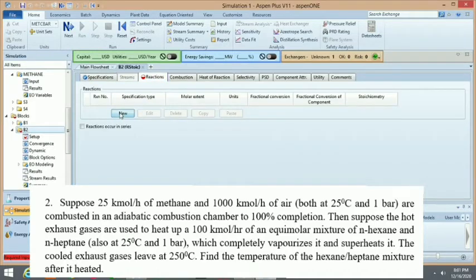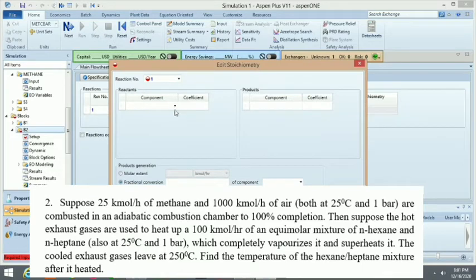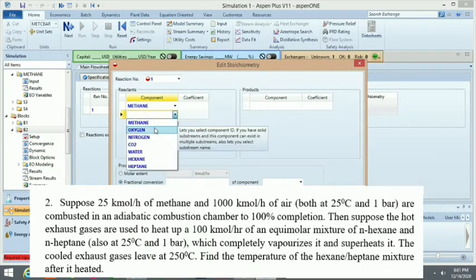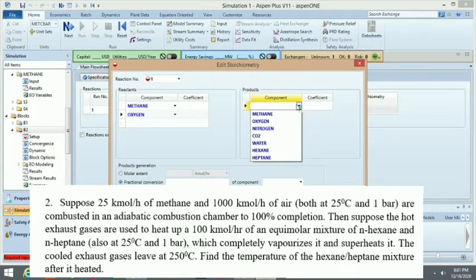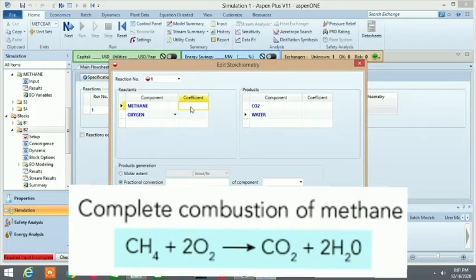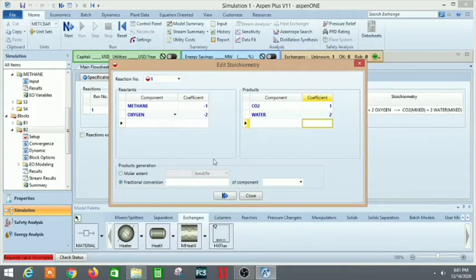Hence for the reaction, we need to create a new reaction where methane and oxygen undergo combustion and give CO2 and water. Let's see the stoichiometry: it's 1 and 2, with a minus sign for the reactants, and the products are 1 and 2.